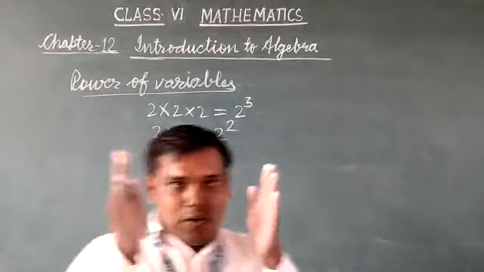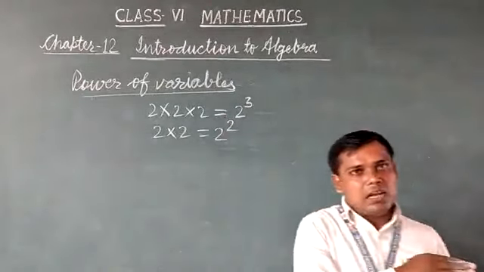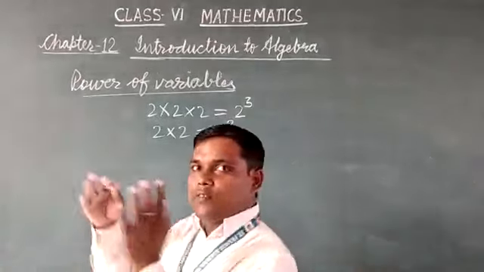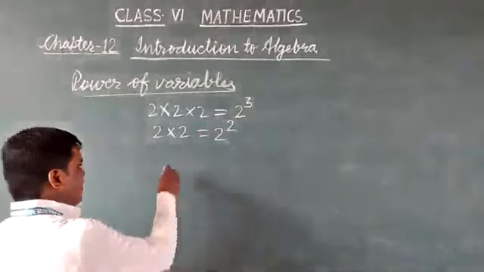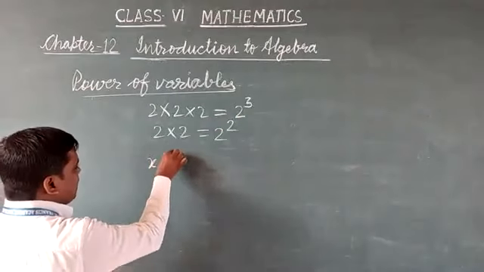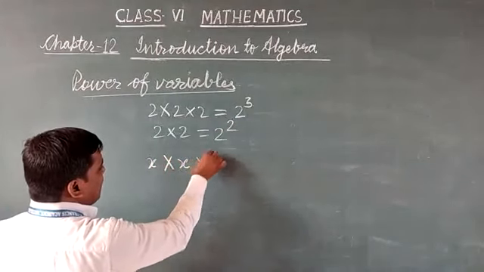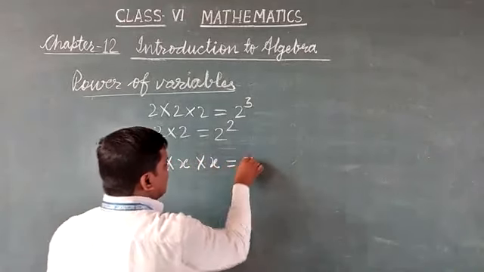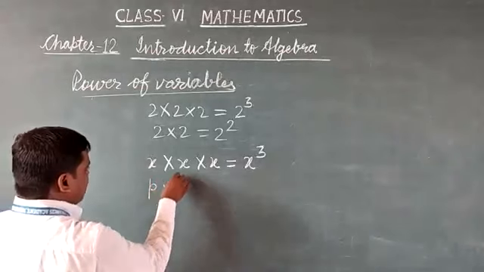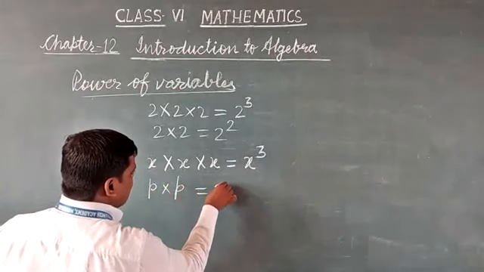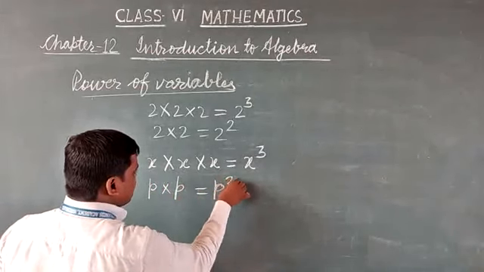Similarly, if a variable is multiplied by itself 2 times, 3 times, 4 times, we can write the power. Means x is a variable, it is multiplied by x, again multiplied by x, then we can write it x to the power 3. If p is a variable, multiplied by itself, we can write p to the power 2.